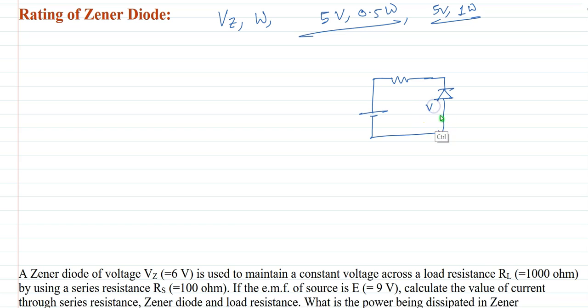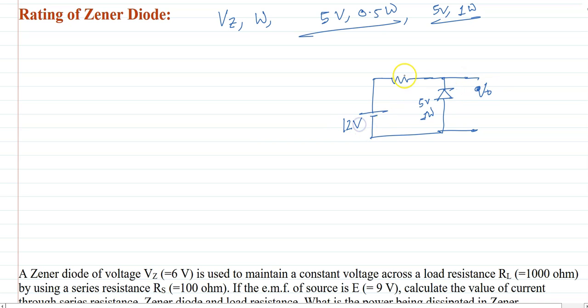Suppose I am giving you an example. This Zener has 5 volt 1 watt. Here we get the output voltage, and I have chosen an input voltage of 12 volt. We have to calculate RS at the no load condition, when no current flows through the output, meaning output resistance is infinite. So we have to calculate the maximum current the Zener diode can survive.